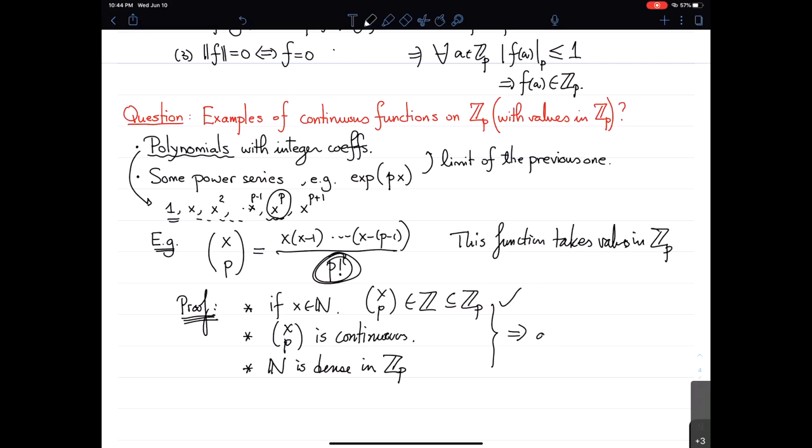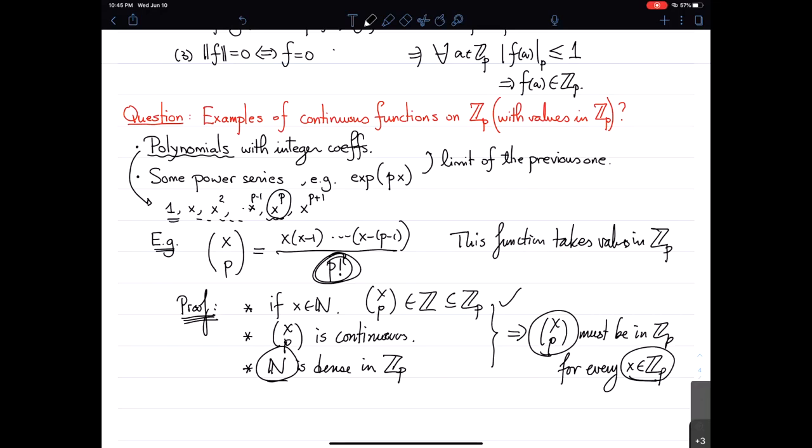So this x choose p must be in Z_p for every x in Z_p. Because every x in Z_p is a limit of positive integers. And therefore, x choose p will be a limit of p-adic integers, and therefore it must also be a p-adic integer.